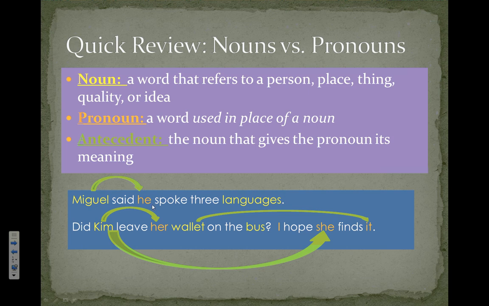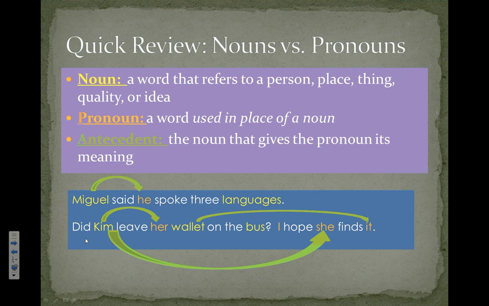He. Many of you would have marked this as also a noun, but in fact, he is a pronoun. He, she, it, they, we, I, all of those, they refer to nouns that precede them. So he is a pronoun, and its antecedent is Miguel.